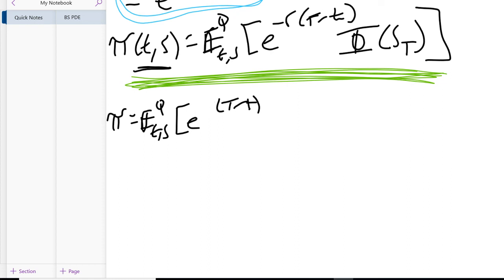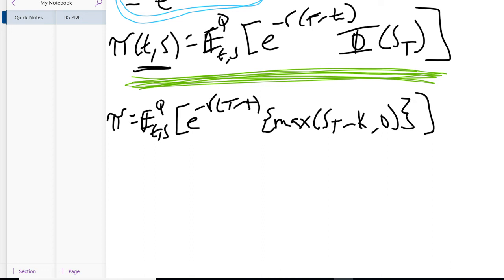Let me redo that, it doesn't look very good. Okay, and then we have max of terminal stock minus K. So again, this is obviously for the standard European option. Now, what I'm going to do is break this up into two pieces.